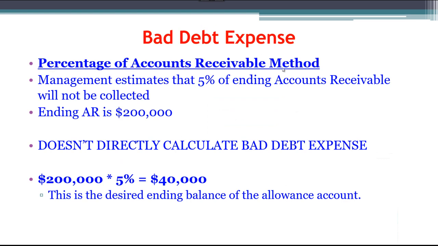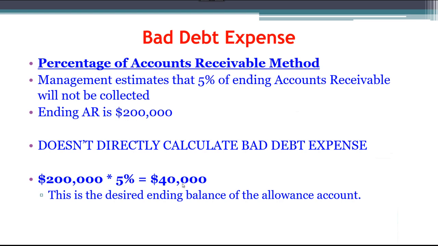Now the percentage of accounts receivable method, and for that matter the aging method as well, they do it a different way. They'll still give you a percentage, but this time it's going to be a percentage of some sort of accounts receivable balance. So they say 5% of the ending accounts receivable balance probably are not going to be collected. If the ending accounts receivable is $200,000, then we multiply that by the 5%.